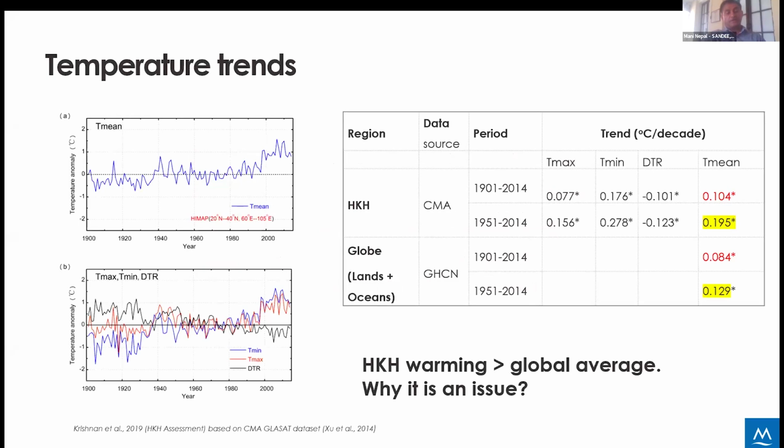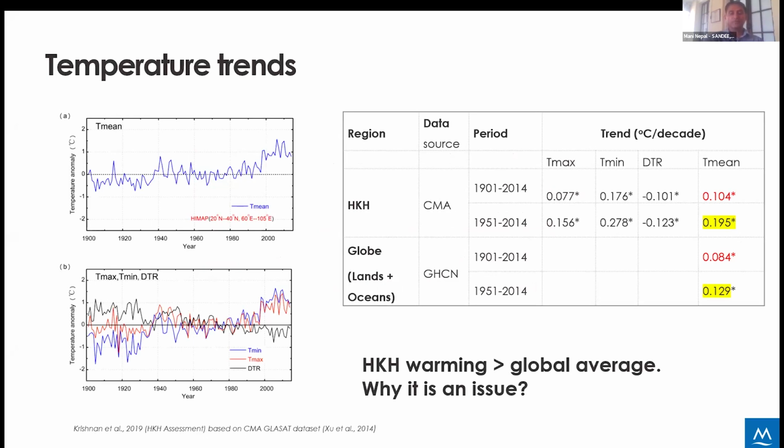In terms of the temperature trend, the HKH region is actually warming at a much higher rate than the global average. If you look at the table here, it gives you a comparison between the HKH region and the global average between 2 periods.